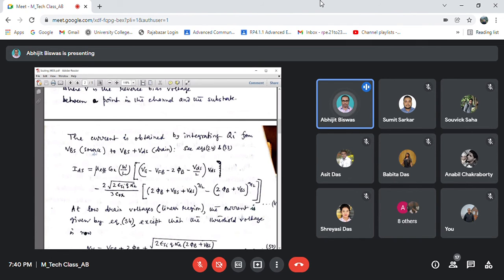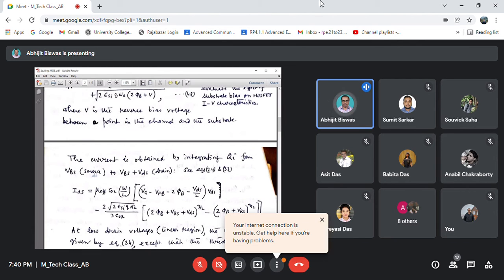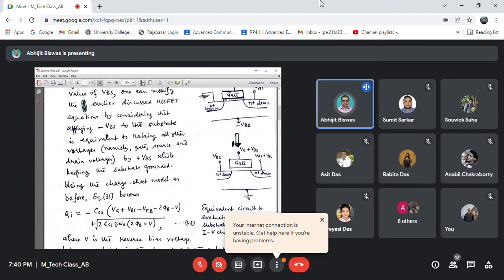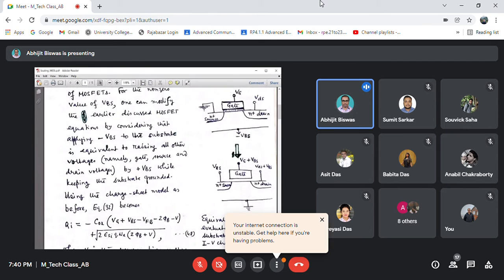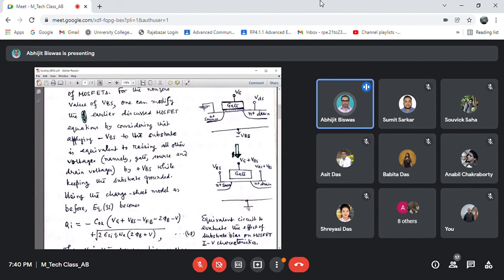So in the second term, actually the substrate bias appears. Therefore, this drain current will be modified due to the presence of the substrate bias in a complex way. So here I think you have got this point. What we have done, we have used the earlier derived equations and we made this electrical equivalent of these MOSFET bias conditions.